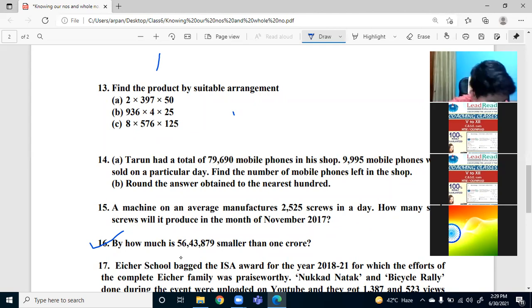Ma'am, 4356121. Speak again, Hriday. The answer is 4356121. You are correct. Tanmay, you want to say something, how to solve? Ma'am, I don't understand how to solve. Okay, so Hriday, can you explain how to solve this question? Samit can explain. Okay, then you explain, Samit.